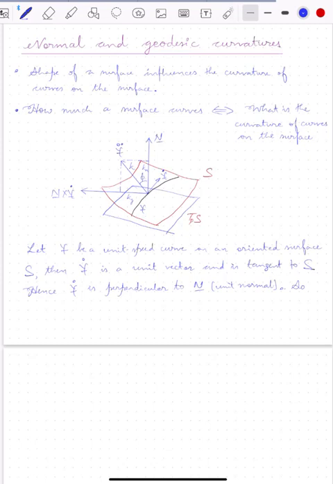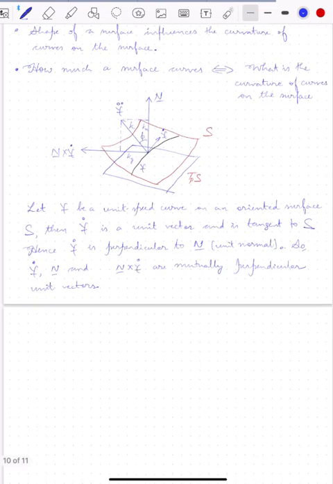So gamma vector dot, n vector, and n vector cross gamma dot are mutually perpendicular unit vectors. So that's the crux here, right?